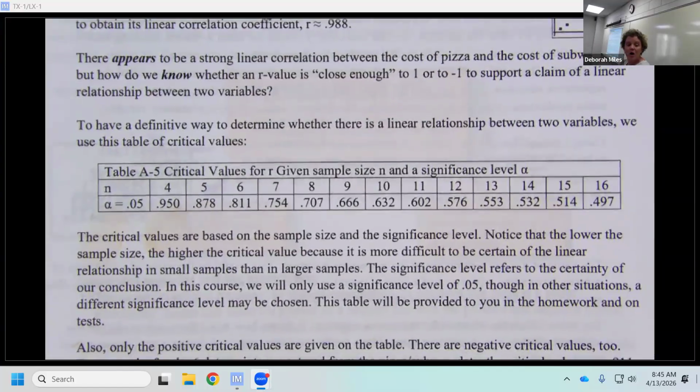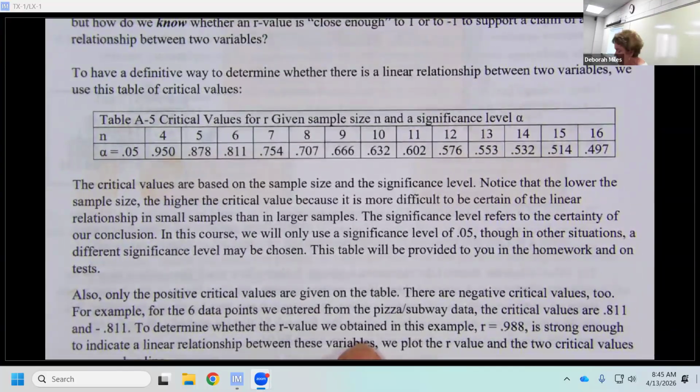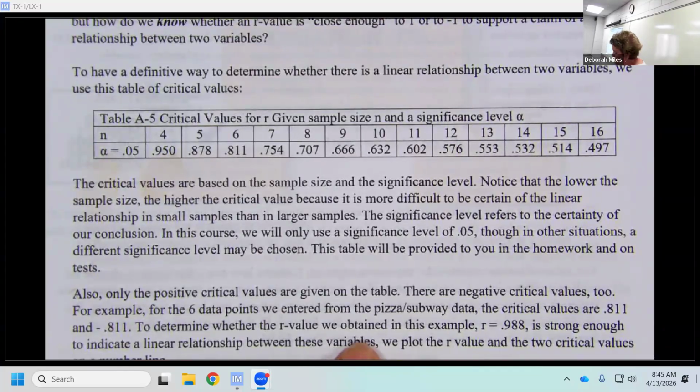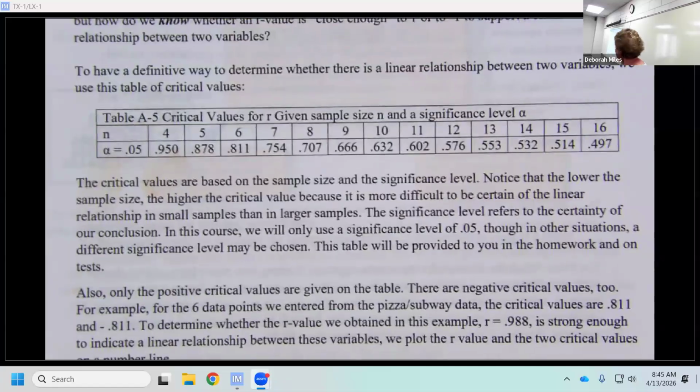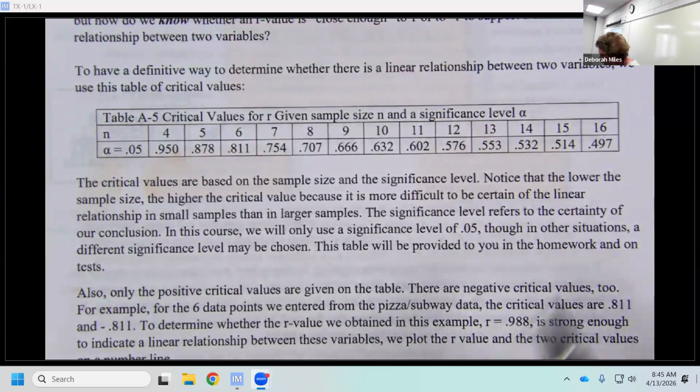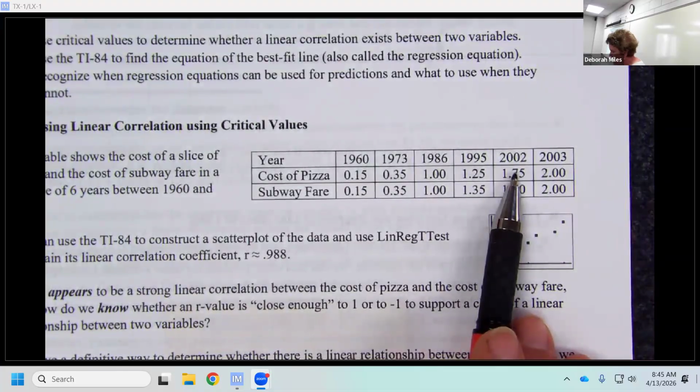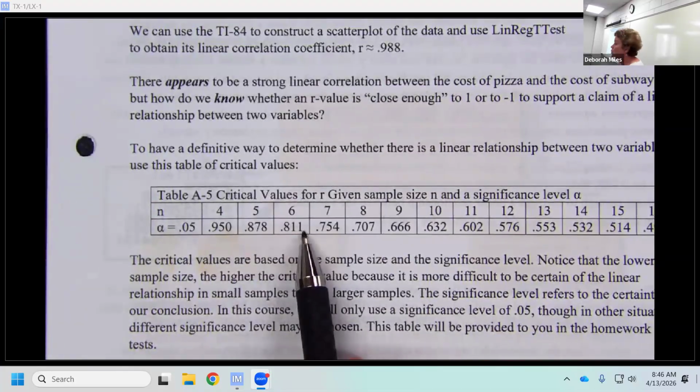To determine whether an R value is strong enough, we plot the critical values on a number line. For a sample size of 6 here, the critical value would be this 0.811.